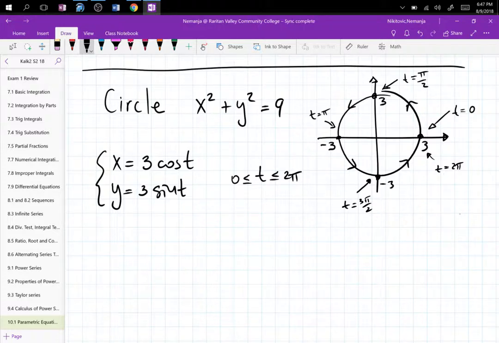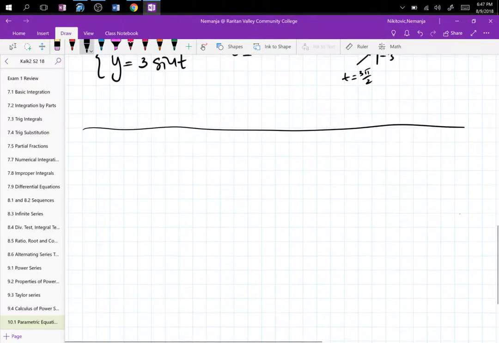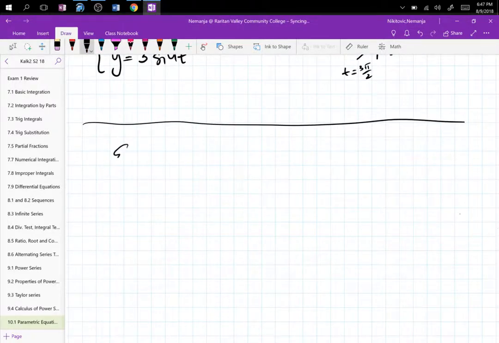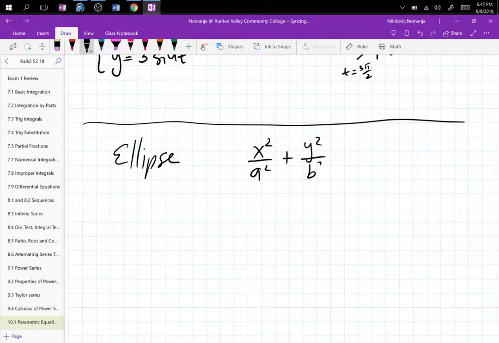So we have a circle, and then the other 2D shape that is generally used is the ellipse. An ellipse has an equation x squared over a squared plus y squared over b squared equals 1.